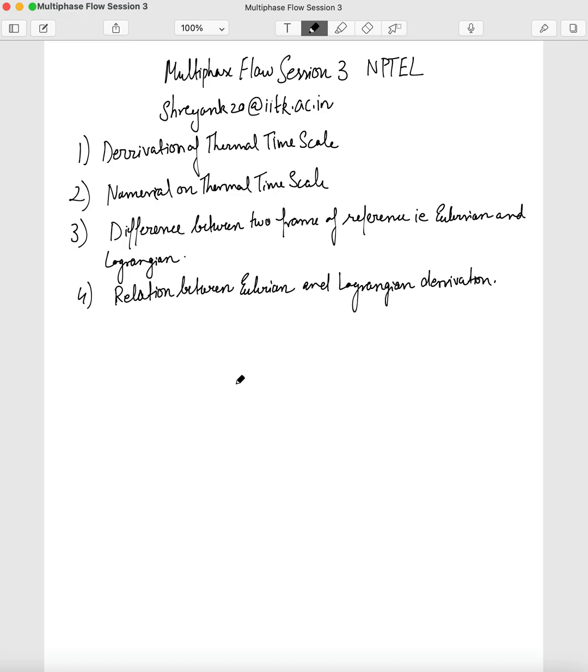I showed one example where there is a cylinder with a viscous fluid and dye particles.